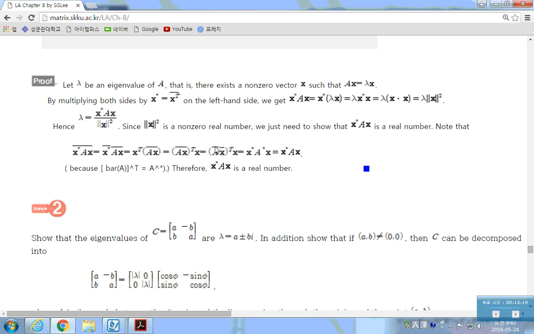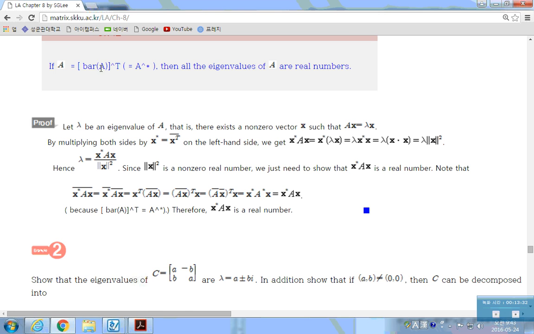And this conjugate transpose makes the stars here. So X star times A star times X is this. But the condition says A is A star, A conjugate transpose. So this A star can be written as A here.